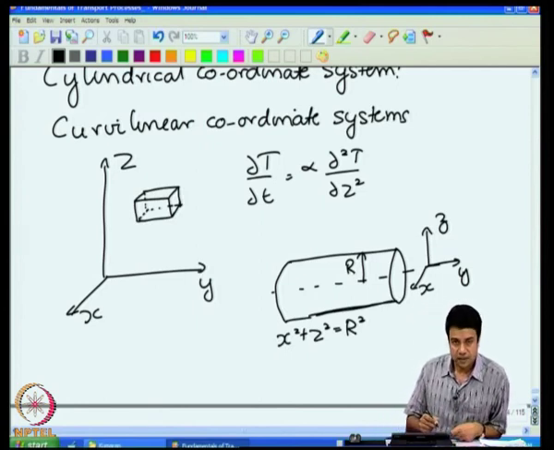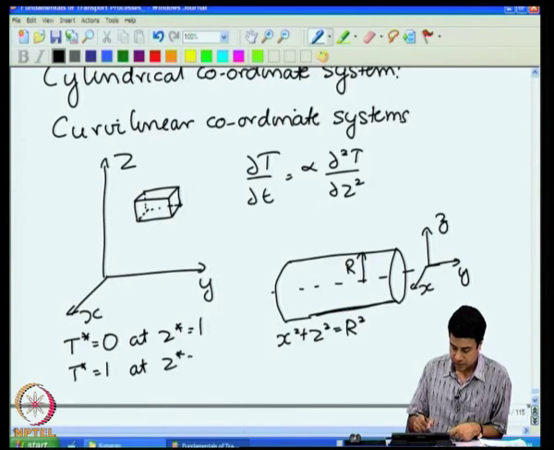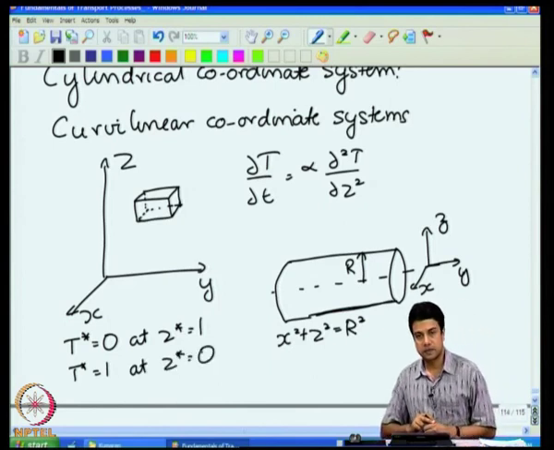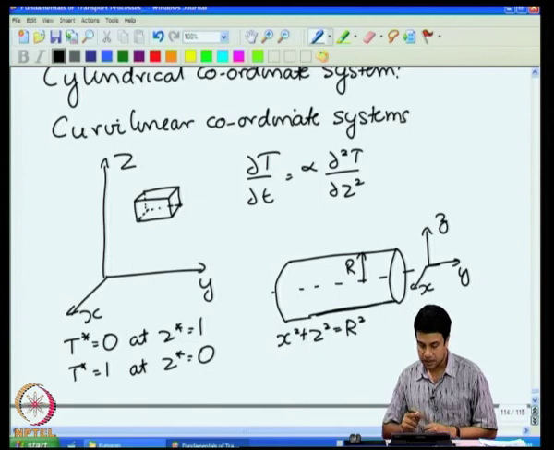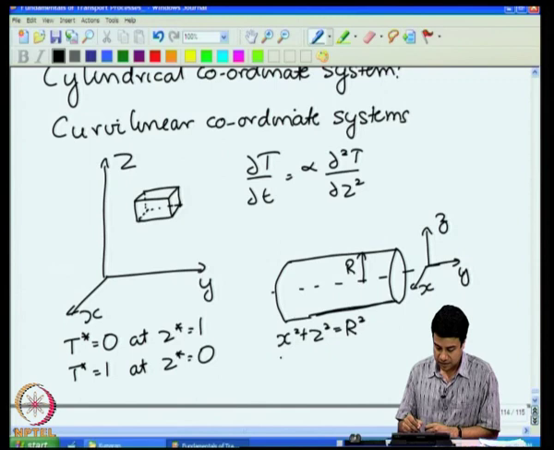Whereas, in the Cartesian case I had fixed boundary conditions. For example, T star is equal to 0 at z star is equal to 1 and T star is equal to 1 at z star is equal to 0 in our separation of variables class. In this case, I will have to fix a boundary condition at x squared plus y squared is equal to R squared.